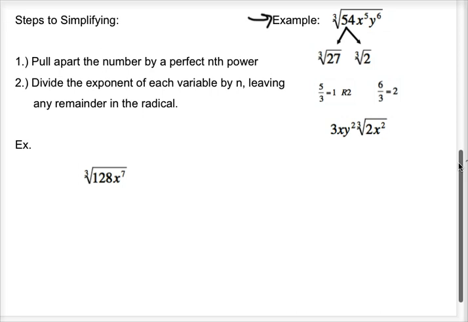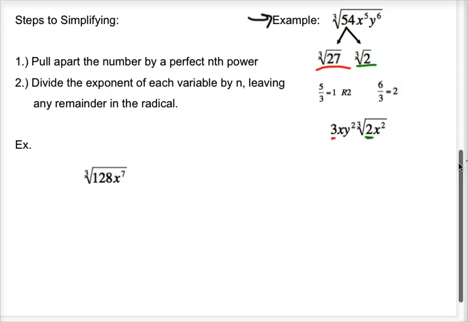That's the first thing that I do, pulling apart that perfect cube. Because now that 27 becomes this 3, and that 2 stays inside. Now what about the variables?